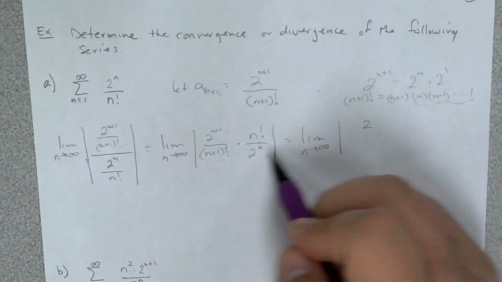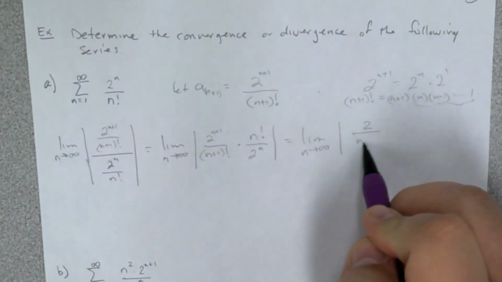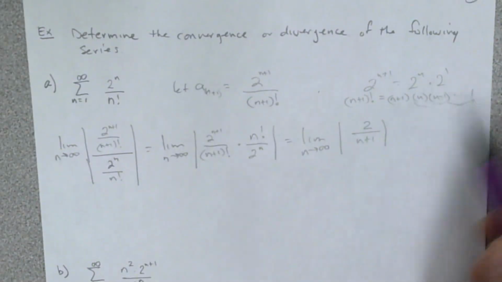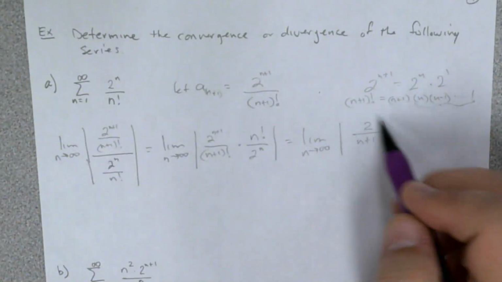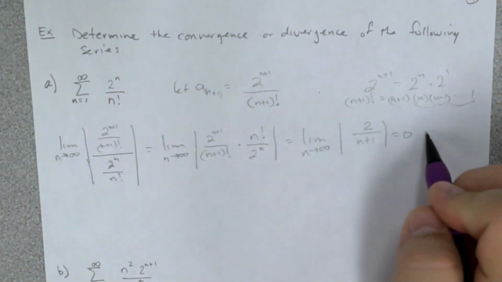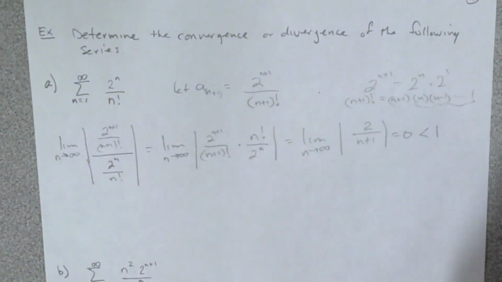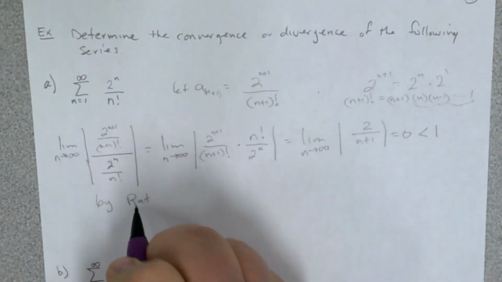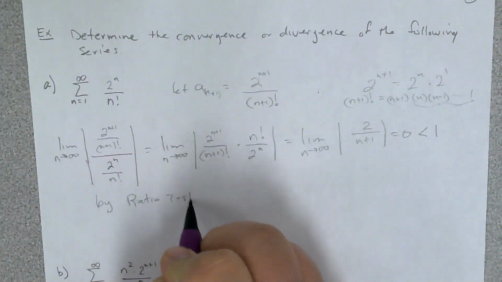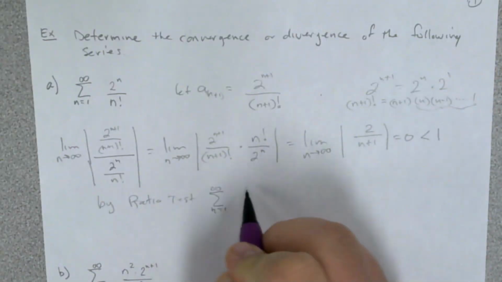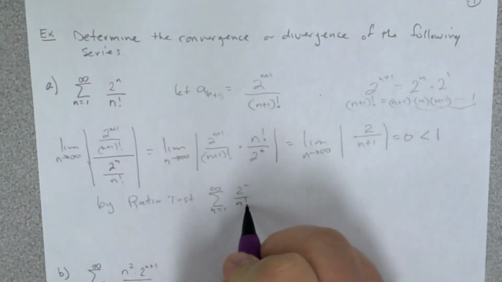So that means I only have the n plus 1 left on the bottom. So what is the limit as n goes to infinity of this expression right here? Well, that's equal to 0. And since that number is less than 1, by the ratio test, this series converges.